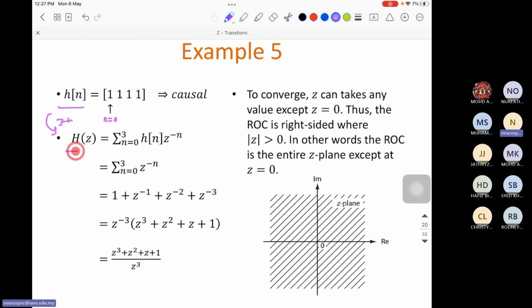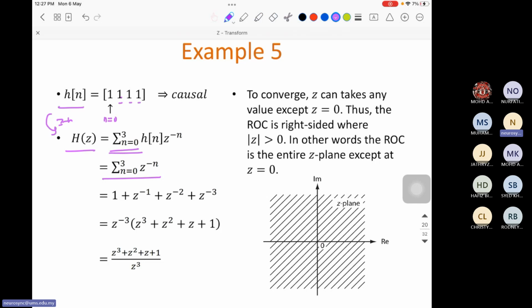So the z transform is H(z), the sum from minus infinity to infinity of h(n) z^-n. But the given sequence is from 0 to 3, so therefore summation from 0 to 3 here. h(n) has value 1, therefore this is equal to 1 times z^-n.